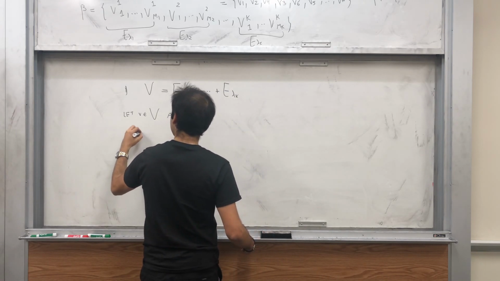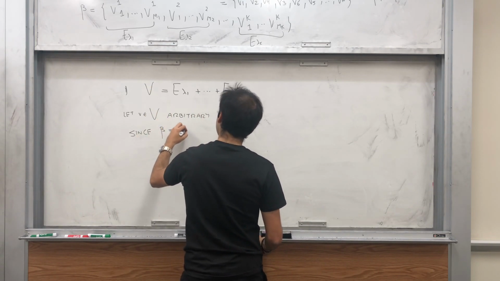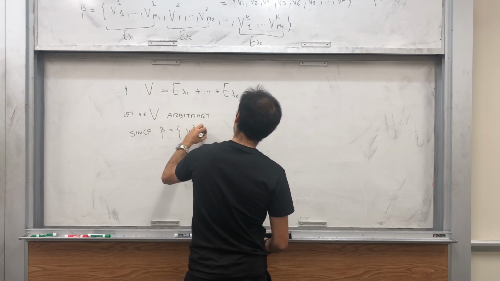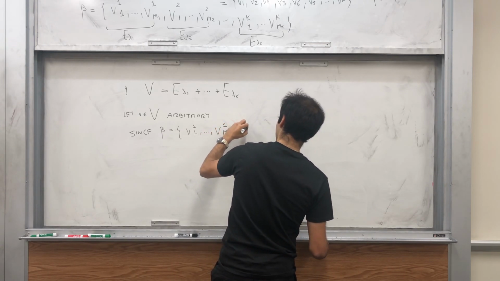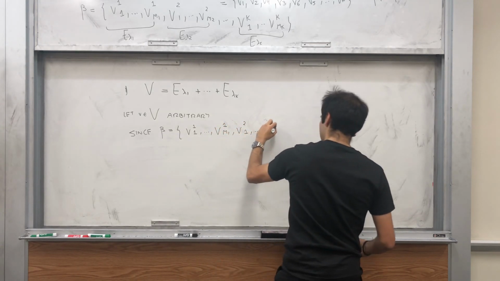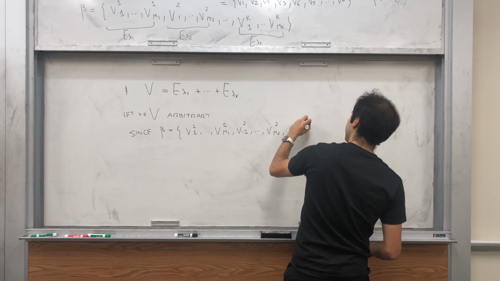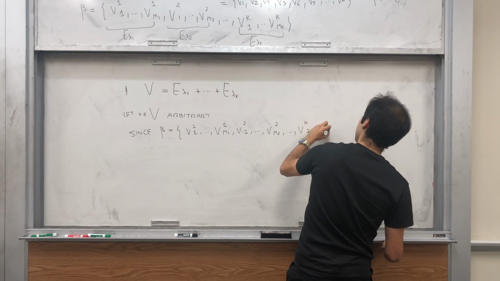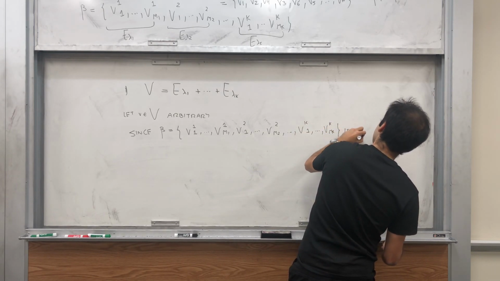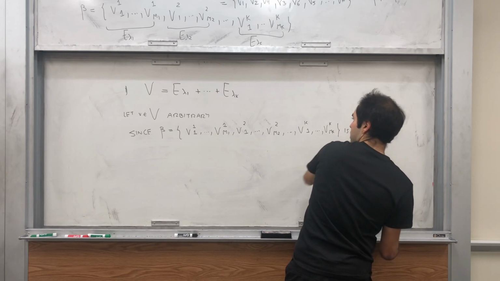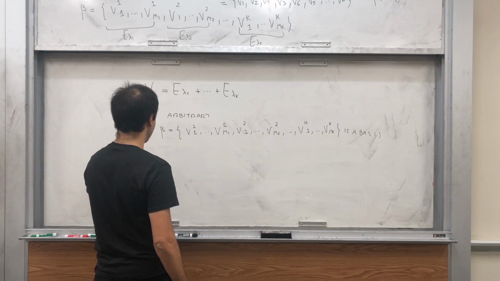And then since now beta, which we've rearranged correctly, V11 up to V1M1, V21 up to V2M2, etc., Vk1 up to VkMk is a basis. We know that V can be written as a linear combo of those vectors.